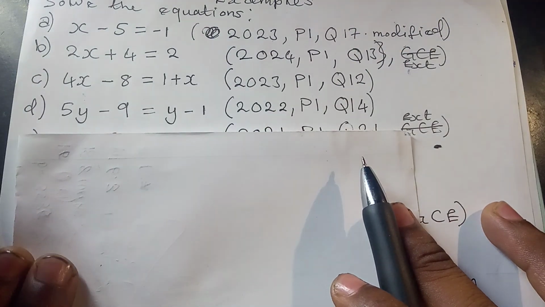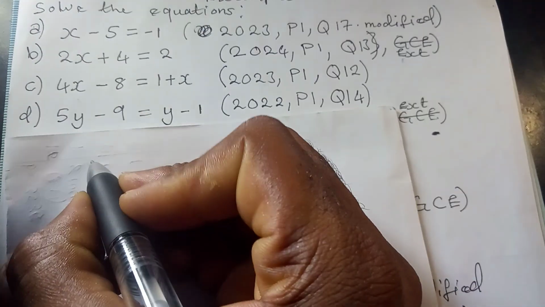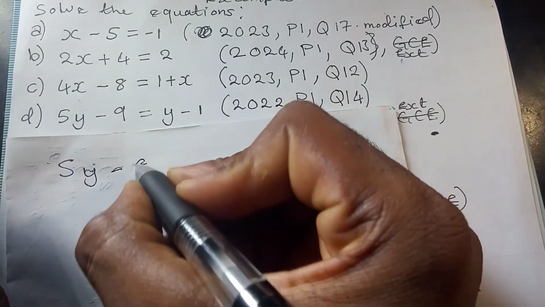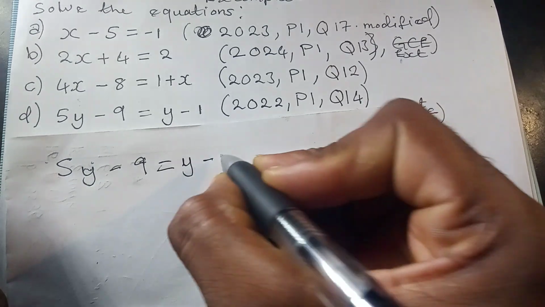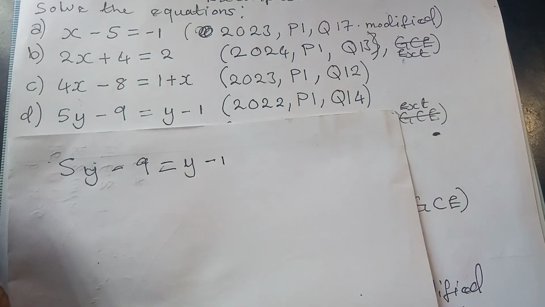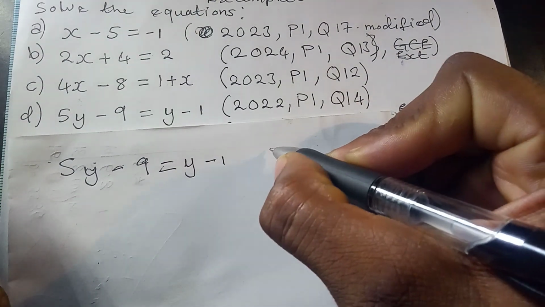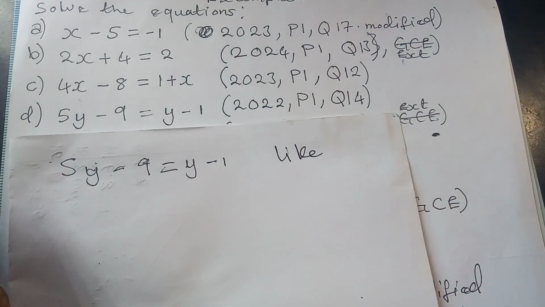For part D, the concept is still the same. So you have 5y minus 9, which is equal to y minus 1. So to solve this, remember the first step is always to put the like terms together.